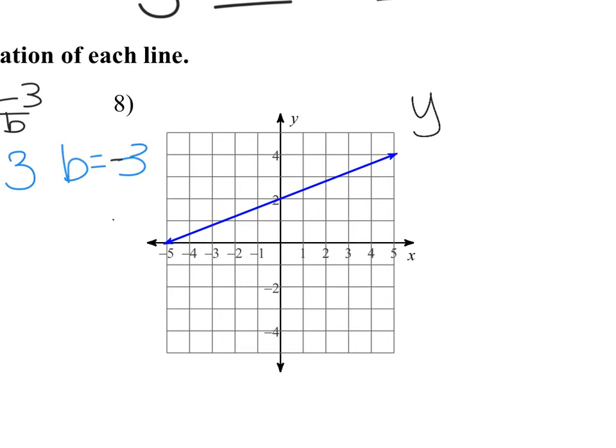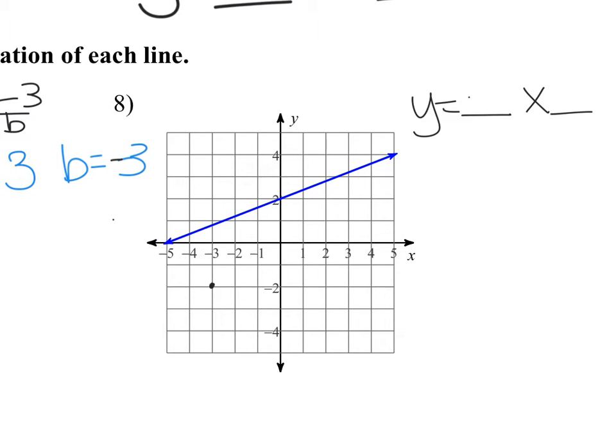All right, so we're looking for the slope and the y-intercept. So I'm going to look at some points on the graph. They didn't give them to us, so I've got to look for where it's right in the middle of those cross points. Okay, so I don't see any.